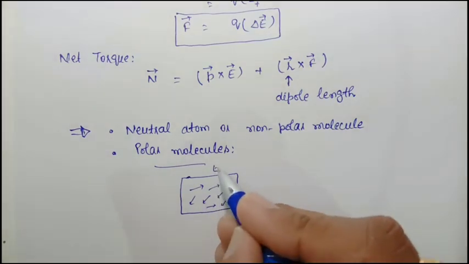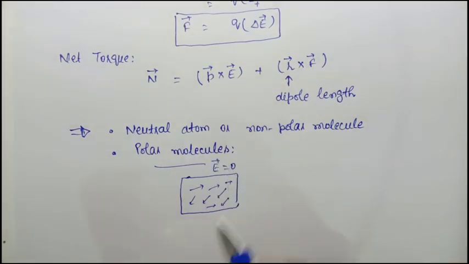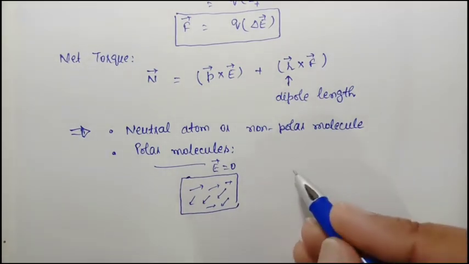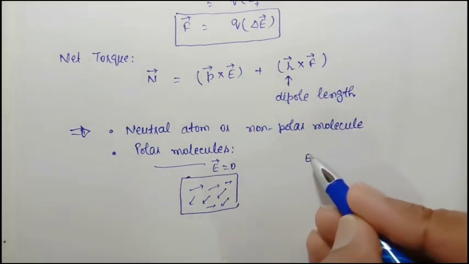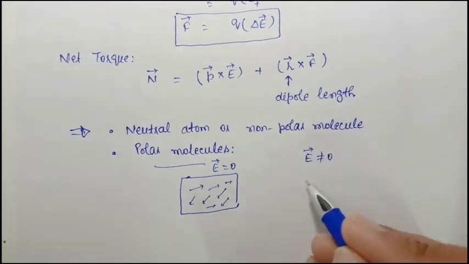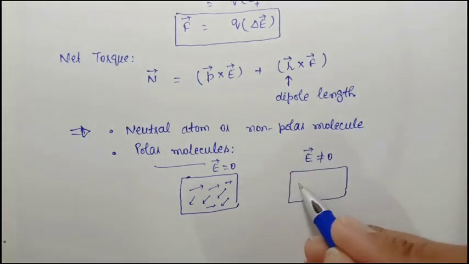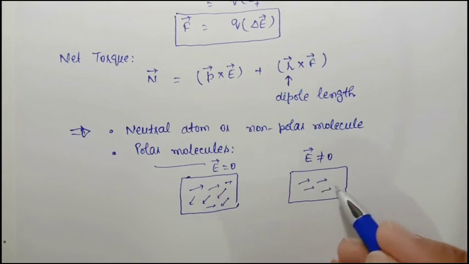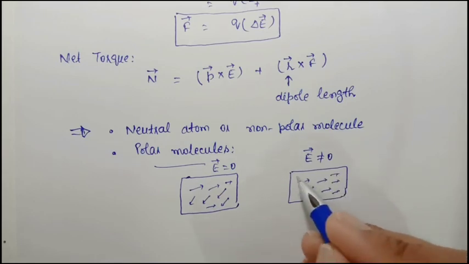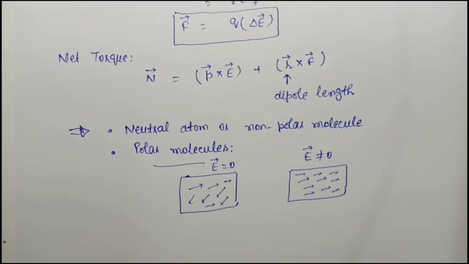This is the case when the electric field is equal to 0, that is, in the absence of the electric field. The net dipole moment is equal to 0 because the dipoles are randomly oriented. But when we apply the electric field, that is, when the electric field is not equal to 0, the dipoles will try to orient in the direction of the electric field depending upon its strength.